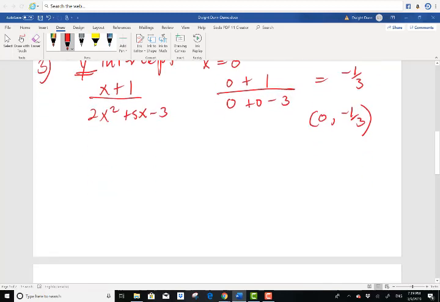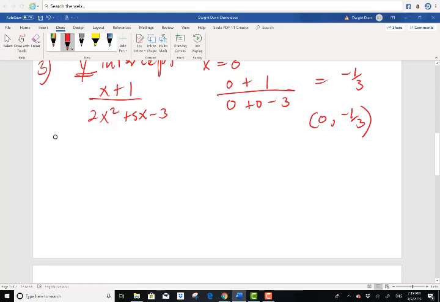Also in the same breath, I need to determine the x-intercept. So for step 4, we need the x-intercept. To get the x-intercept, we're going to let y equal 0. So we have x plus 1 over 2x squared plus 5x minus 3, because remember this was f of x.